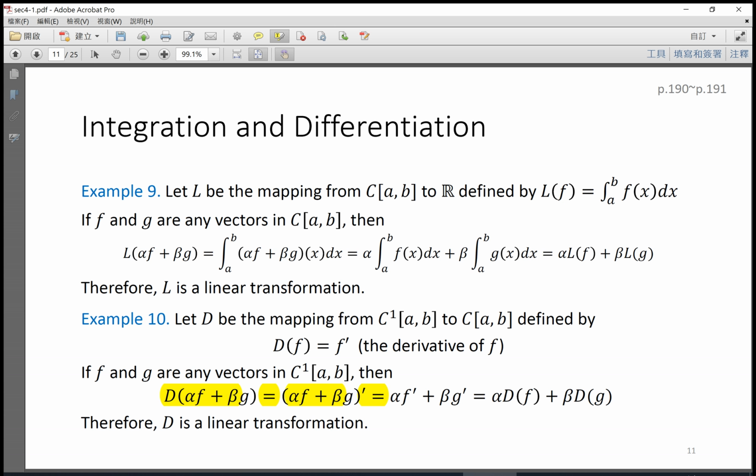Then by properties of differentiation, we have alpha f prime plus beta g prime. And again, by definition of D, we know f prime is D of f, and g prime is D of g.